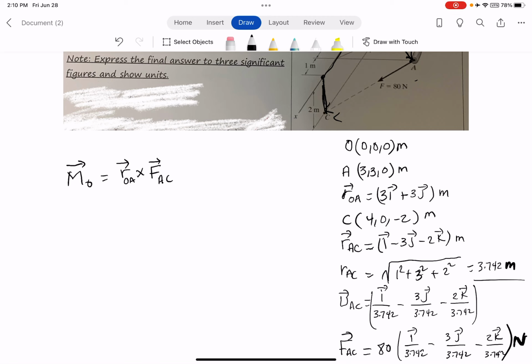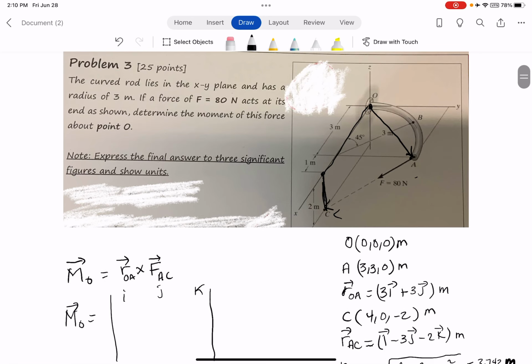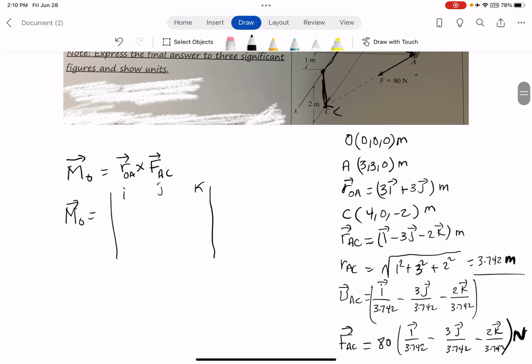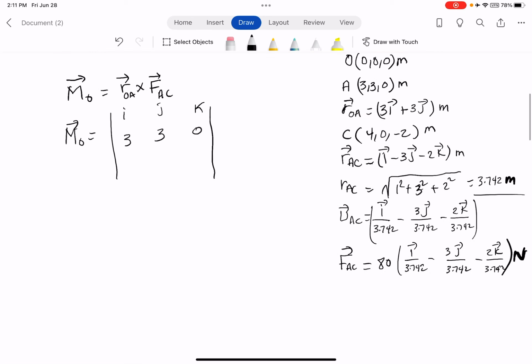So what is the moment of that force? You should formulate the determinant with i, j, k. You put the position vector from O to A, which is 3, 3, 0. And then you put the force. 80 times 1 is 80 over 3.742.